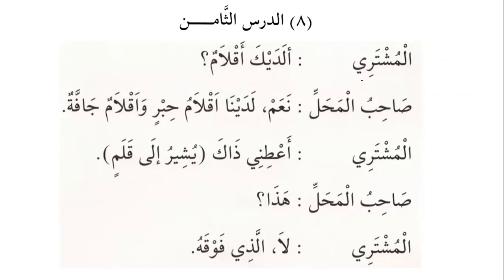Al-mushtari, the buyer. Al-mushtari, ishtara, yashtari, ishtara'an, to buy. Ism al-fa'il, the buyer, but we know that this is from the derived form of the verb. So that's why it is not always on the pattern of fa'ilun.